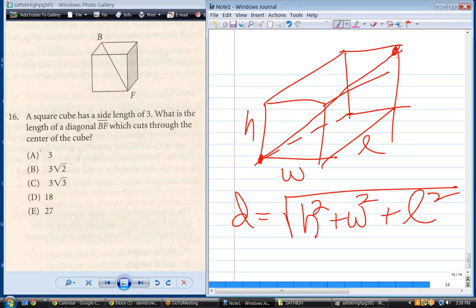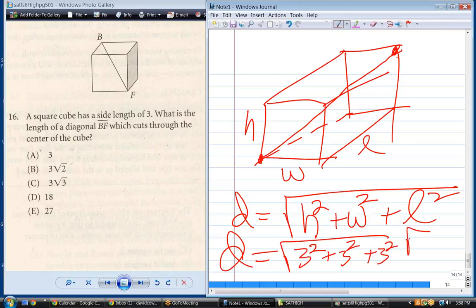Oddly enough, given that it's a cubic structure. I mean a 3-dimensional structure. So in this case, the answer is quite simple. Square root of 3 squared plus 3 squared plus 3 squared, that's the square root of 27, which is 3 square roots of 3.